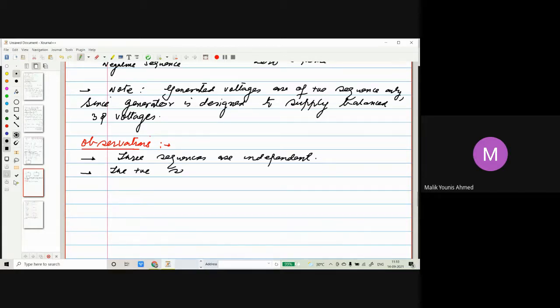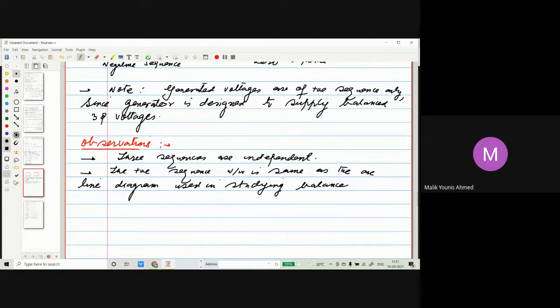The positive sequence network is the same as the single line diagram or one line diagram used in studying balanced three-phase currents and voltages.